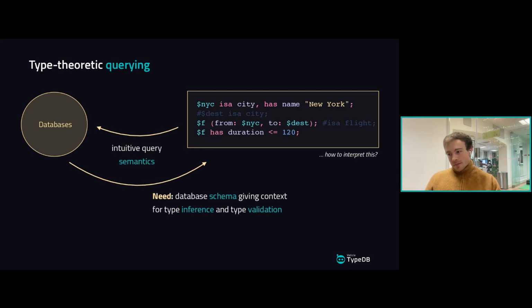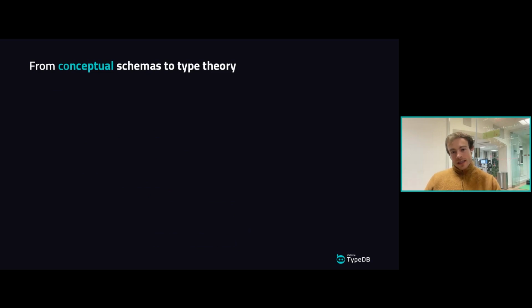It might be a relief to some of our viewers that this is not formulated in the abstract language of type theory, but instead a core innovation of TypeDB is that we work with an intuitive conceptual data model. Conceptual schemas are well studied, a classical topic of database theory. But what's novel here is the interpretation of conceptual modeling in type theory.